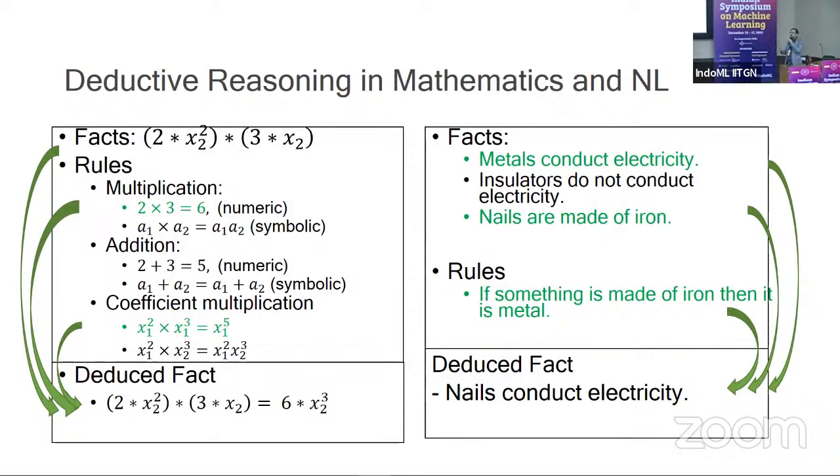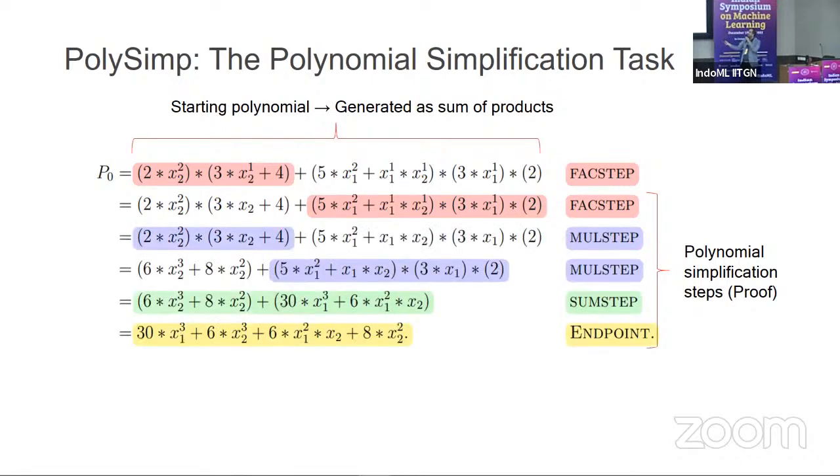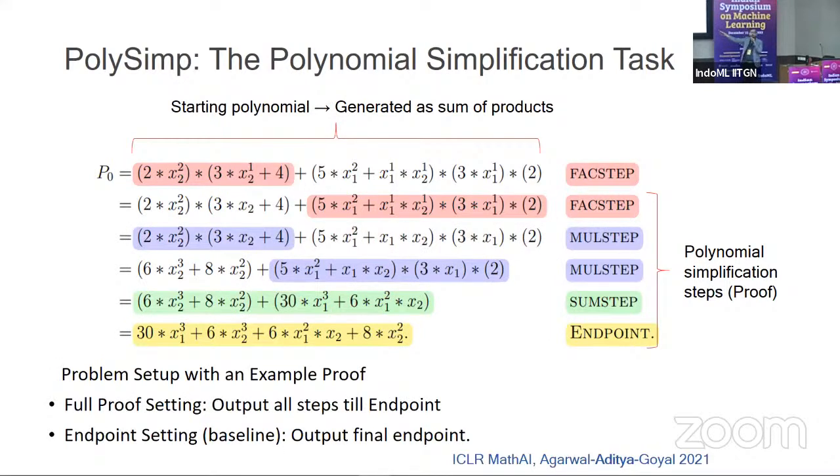So we started looking at symbolic simplification, as in stepwise polynomial simplification. We looked at whether transformers are able to do stepwise polynomial simplification, given a particular polynomial, and reach a canonical form like 30x1 cube, 6x2 cube, in this particular form.